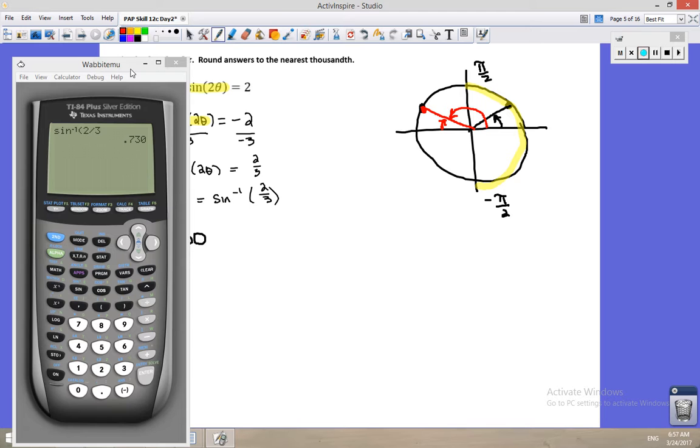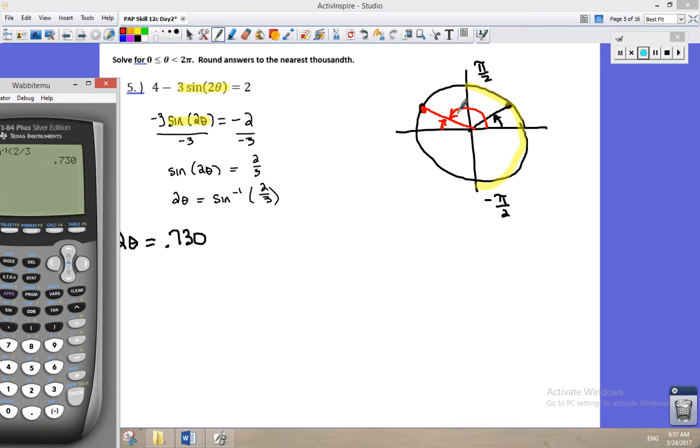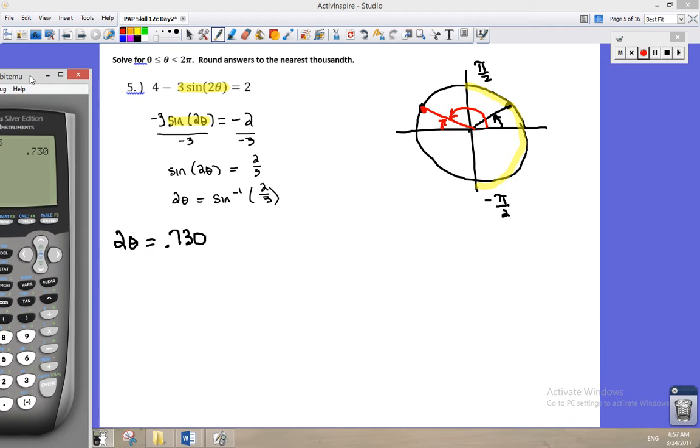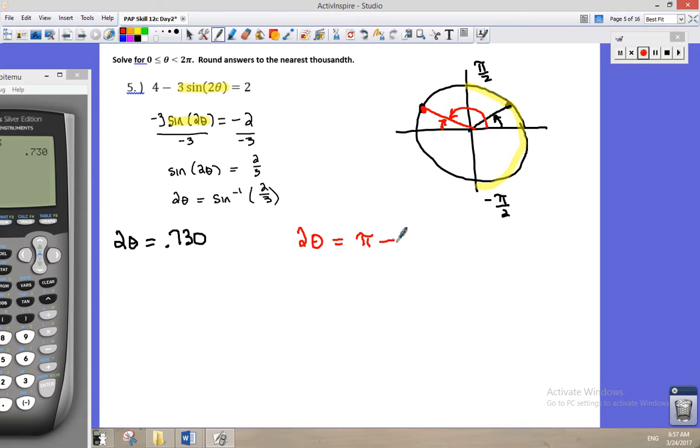So what I can do to find my second answer, my second angle, is to take 2 theta, or to solve, take pi minus what my calculator gave me from the inverse sine of 2/3.